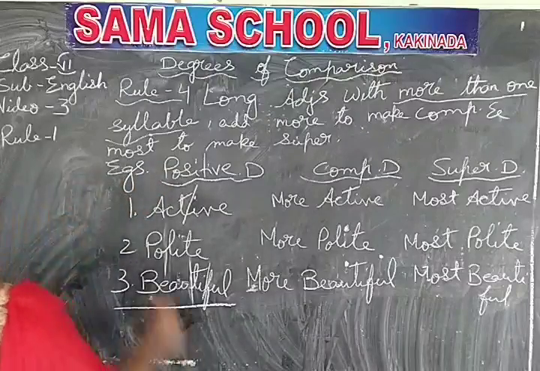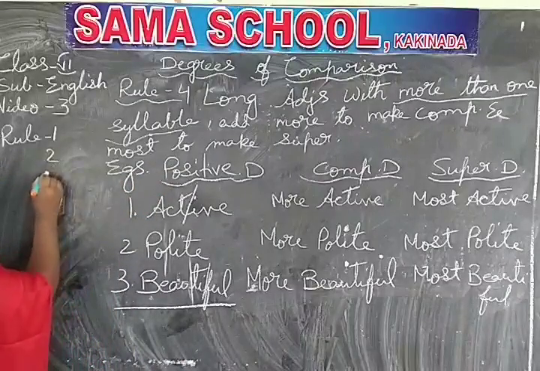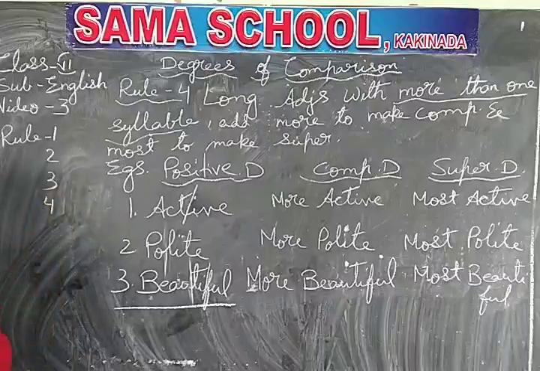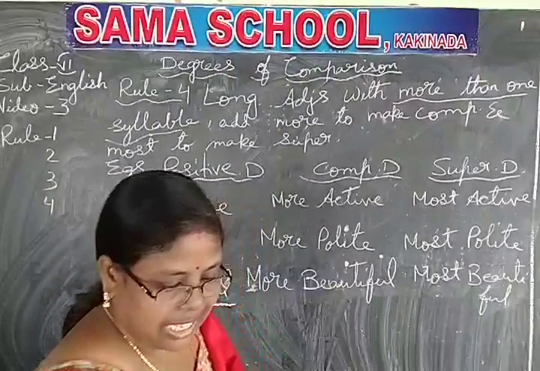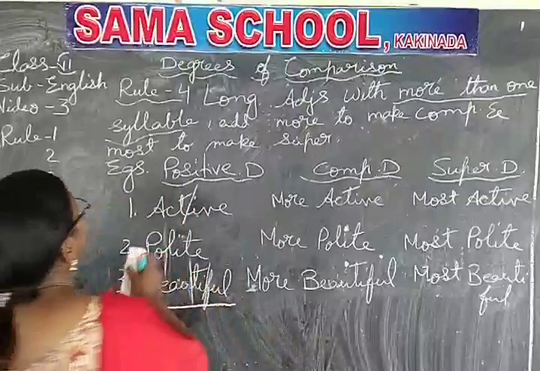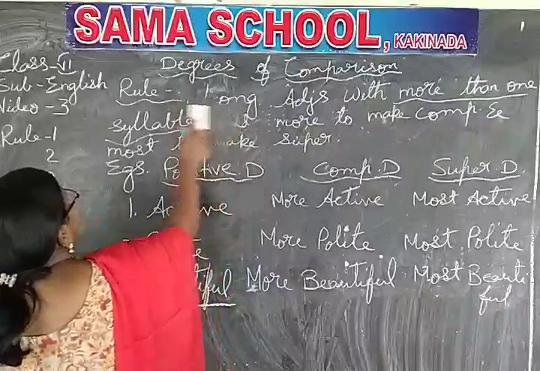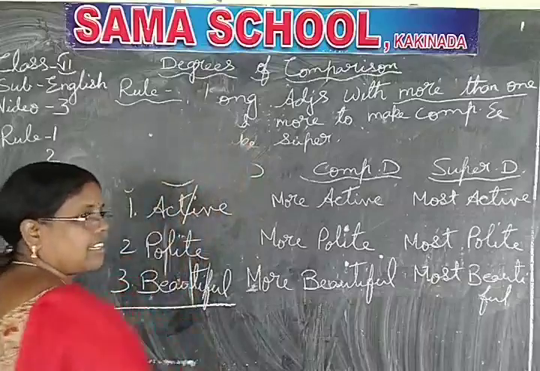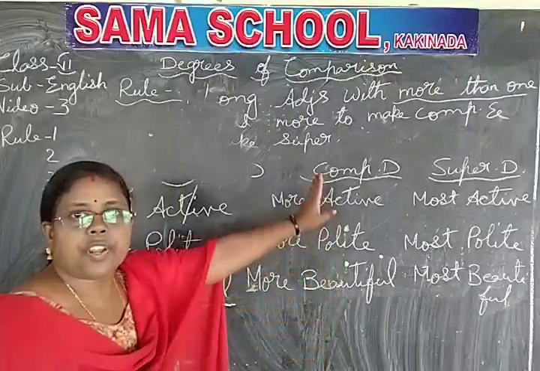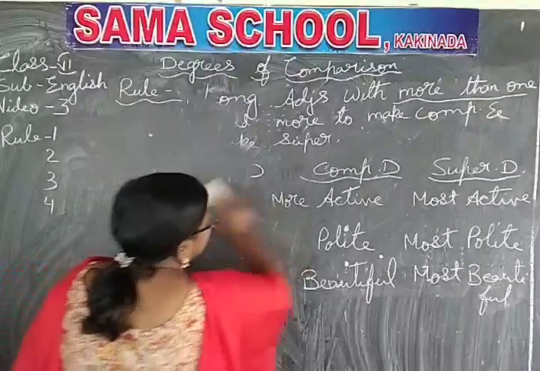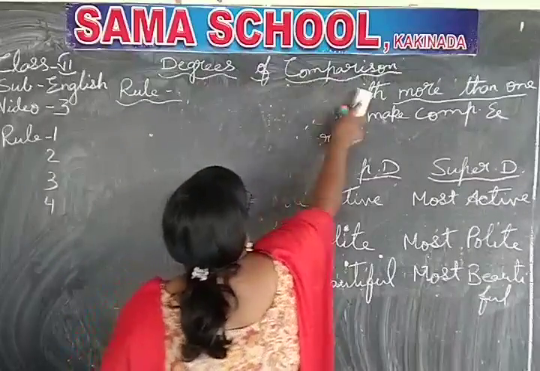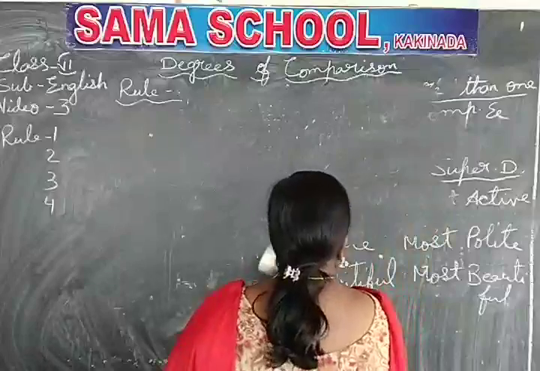Is it clear? So we finished rules 2, 3, 4. Four rules we finished. Now the fifth rule is irregular comparisons. Yes, that also is very easy. Is it clear for everyone? Irregular means what?